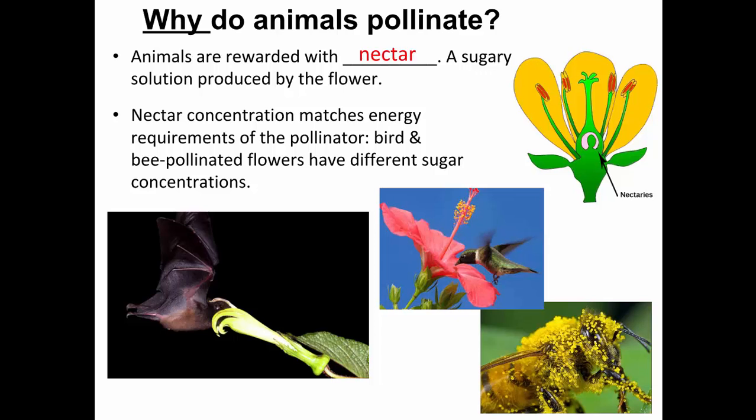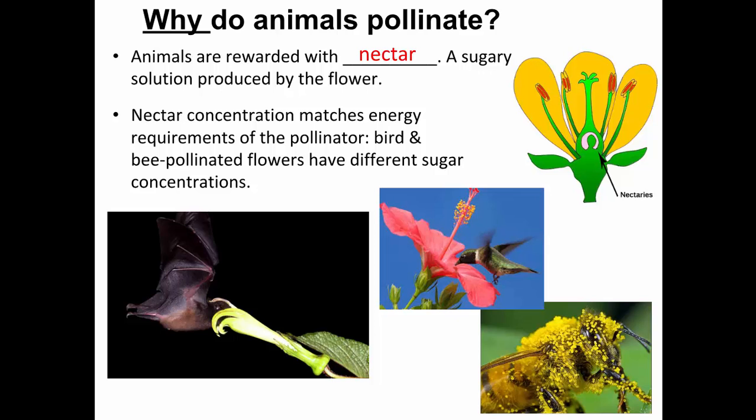So this gets to what I was just talking about. Animals get rewarded with nectar. Nectar is a sugary liquid. It's usually a good source of food. And depending on the type of animal that the plant is attempting to attract, the contents of the nectar usually match the nutritional requirements of that type of animal. Okay? So bird-pollinated flowers and bee-pollinated flowers have different concentrations of sugar.